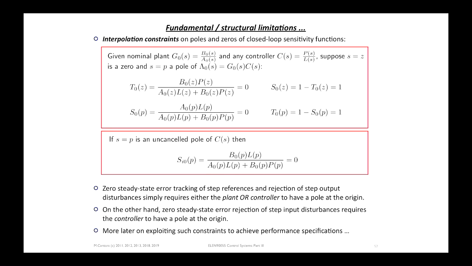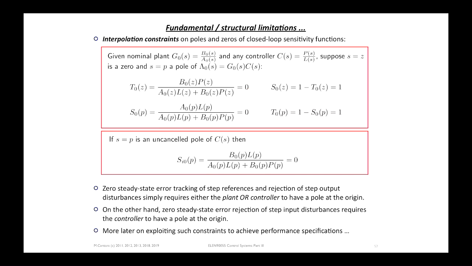Okay, so in the notation that we've established, that corresponds to expressing the plant transfer function as a ratio of two polynomials B and A, and the controller transfer function as a ratio of two polynomials P and L. We can see that if Z is a zero of the open loop transfer function, and that could be because it's a zero of G or because it's a zero of C, and P is a pole of the open loop transfer function, which could happen because it's a pole of the plant or a pole of the controller, then the complementary sensitivity function evaluated at a zero of the open loop transfer function must also be zero.